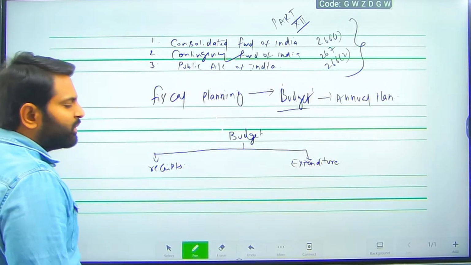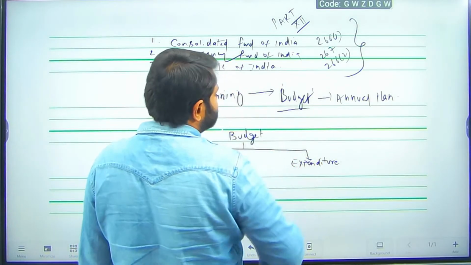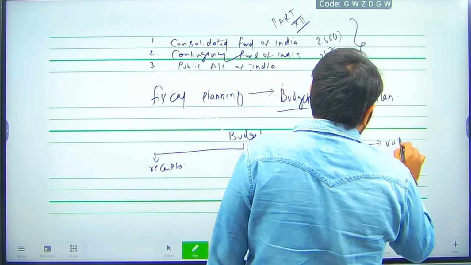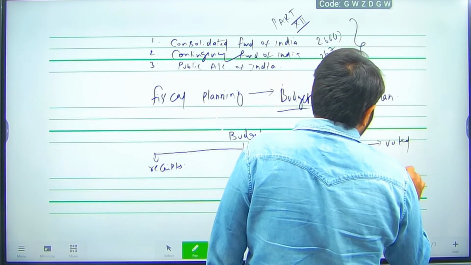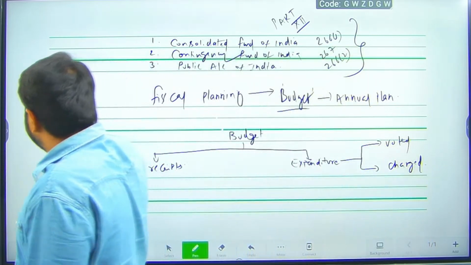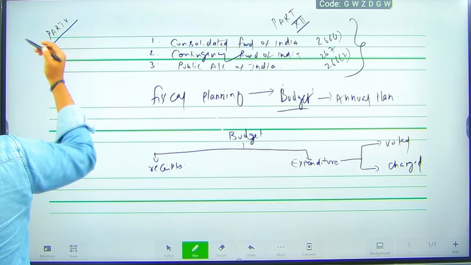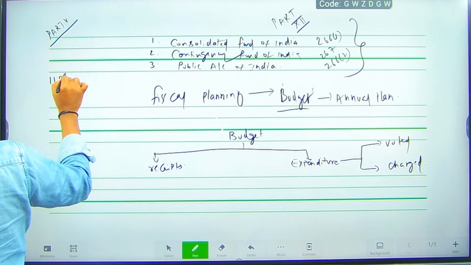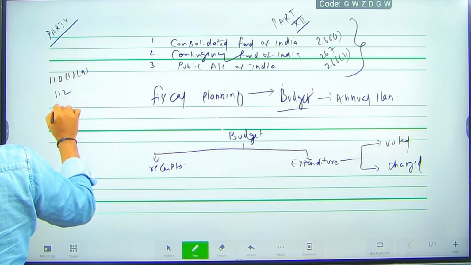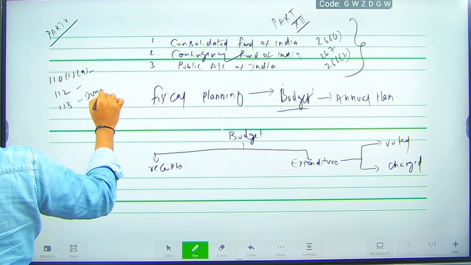When we do this expenditure part, when we need to charge from the Consolidated Fund of India, there are two types of expenditure. One is voted, the other one is charged. Based on this, from Part 5 of the Indian Constitution, we have concluded that we have Article 110(1)(a), Finance Bill, 112 and 113. These are the basic things we have understood.